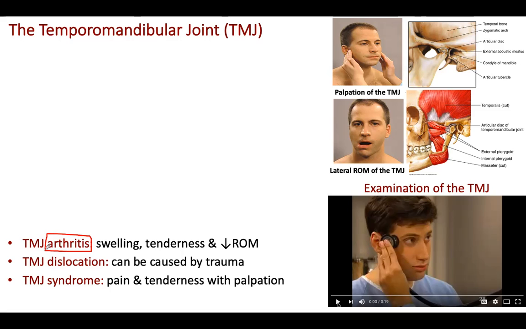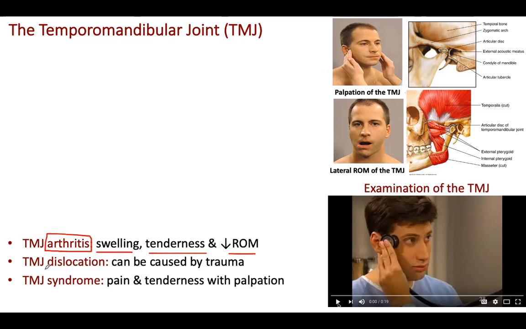In between, between 5,000 and 50,000, or between 5 and 20, this is usually inflammatory like rheumatoid or gout. In addition to that, of course, when you have inflammation, there will be other manifestations of inflammation. So the TMJ can have arthritis and will manifest as swelling, tenderness, and decreased range of motion.